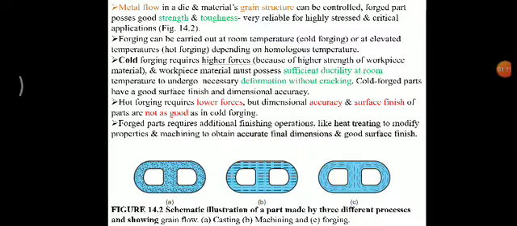You can see in figures A, B and C, three figures are shown. The first product is made by casting, in which all the grains have isotropic properties. The second figure is B, where the grain lines are disrupted over here, and that will hamper its strength.